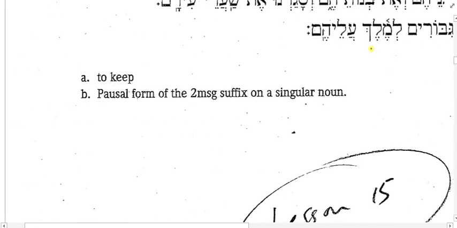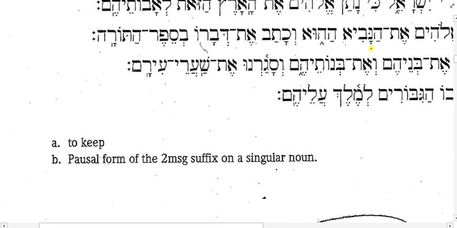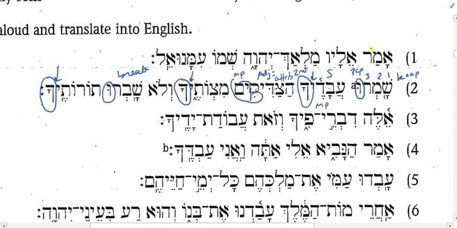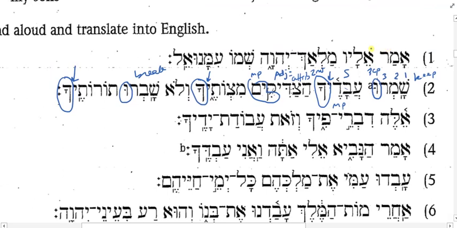Oh, he gives you, okay. So you actually haven't had this as a vocab word. That's why, Lester, you struggled. So the lesson to take away from this is read the footnotes. Yeah, okay. Other questions?